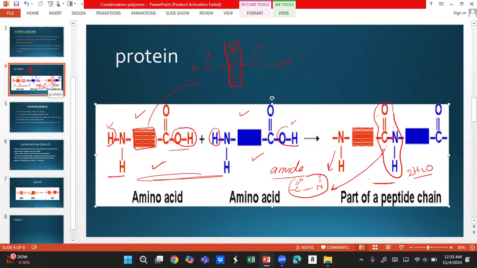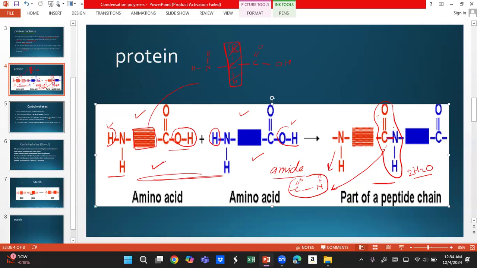Similarly, whenever a protein molecule is hydrolyzed, it is converted back into amino acids. This is known as a hydrolysis reaction. Hope you understand. Okay, now before talking about carbohydrate, especially starch, we must know some applications of protein.